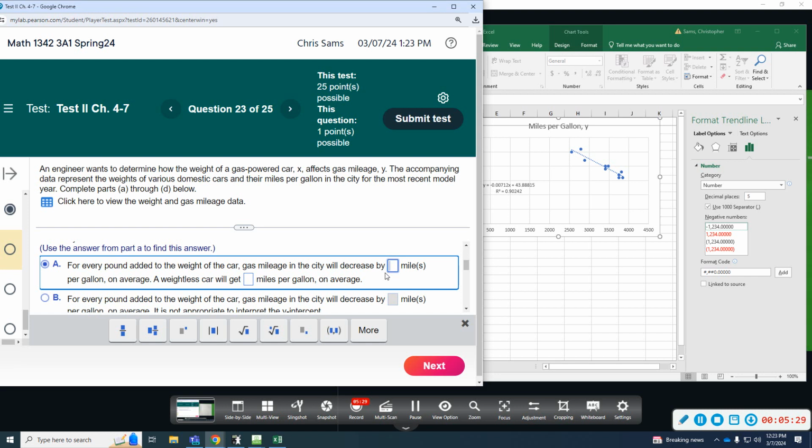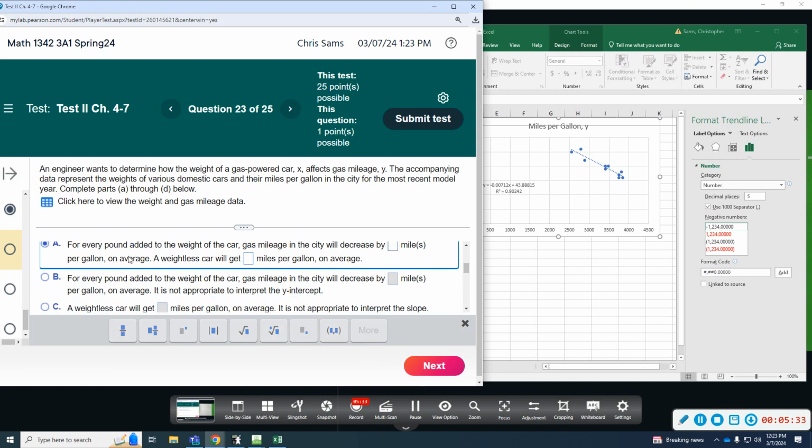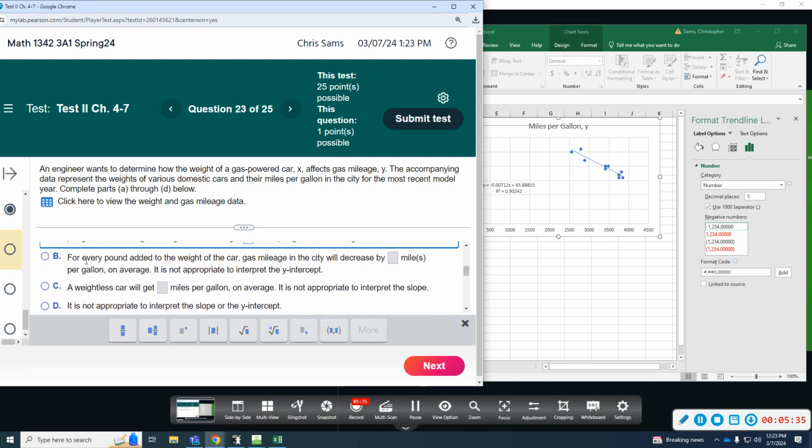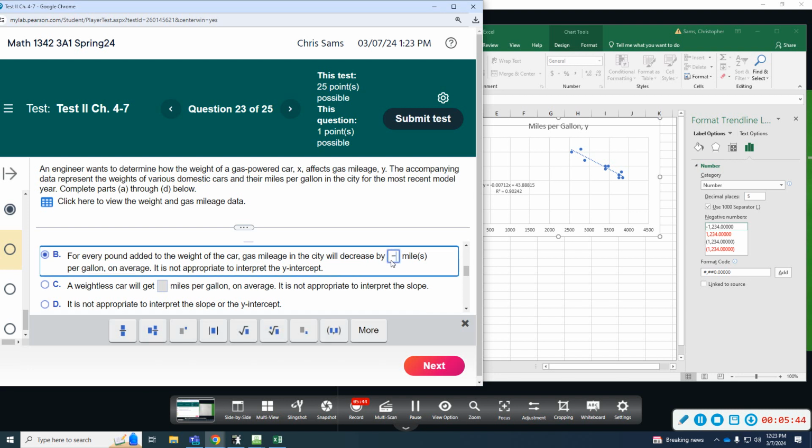A weightless car will get blank. So it doesn't make sense to say a weightless car, you won't have a car. There's no car that doesn't have weight, so that's not going to be the one. Every pound added will decrease by this. It is not appropriate to interpret the y-intercept. There we go. So negative 0.00712. This is the one we want to use.